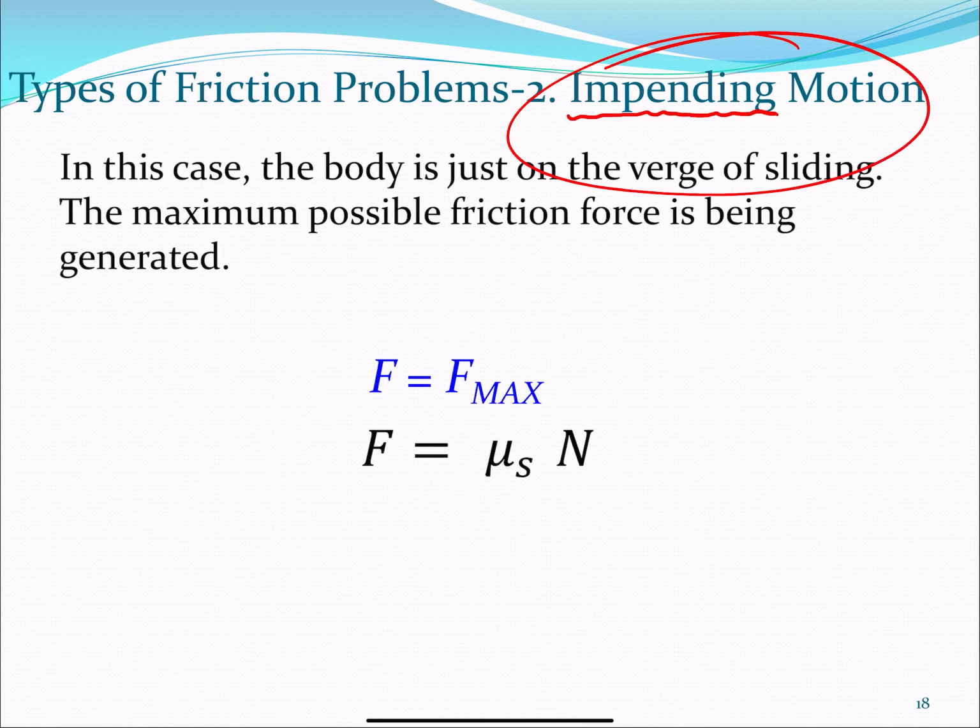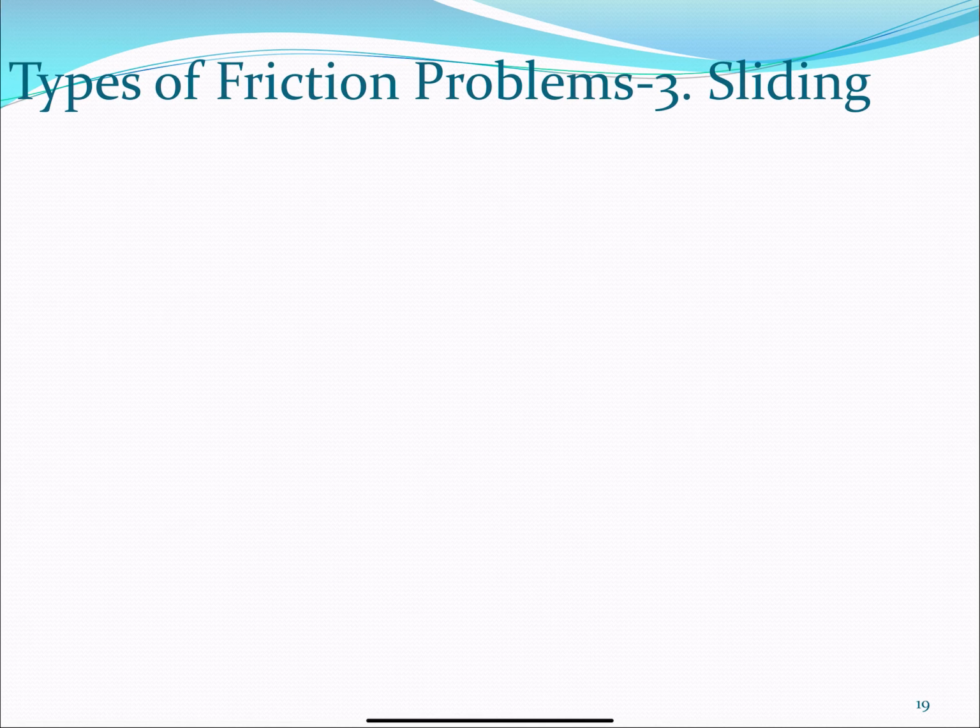In some cases, we'll see the body is not even close to sliding. Or in some examples, we will see that the body is about to slide. Then the third case, which we won't investigate, is when things are sliding. So this one we won't do in ENG 130.